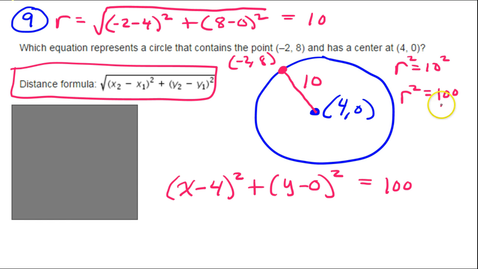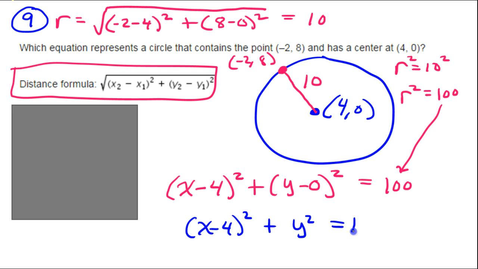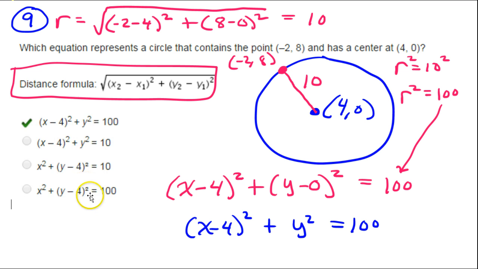So your final answer should look like this. X minus 4 squared plus y squared, got rid of the unnecessary 0, is equal to 100. All right, let's see how we did. Okay, boom.